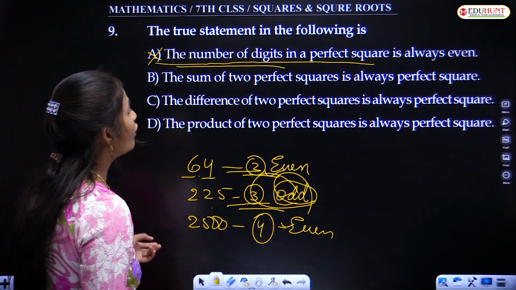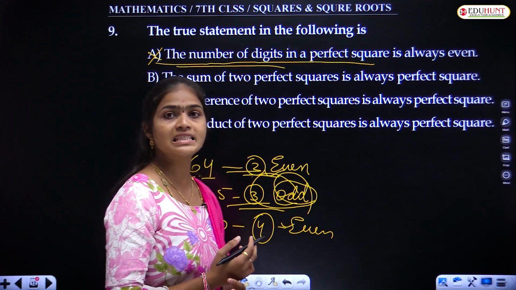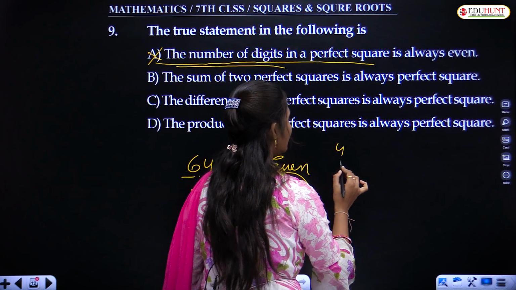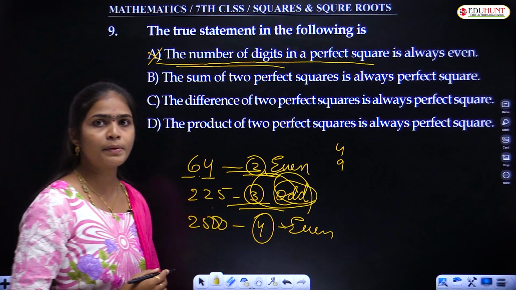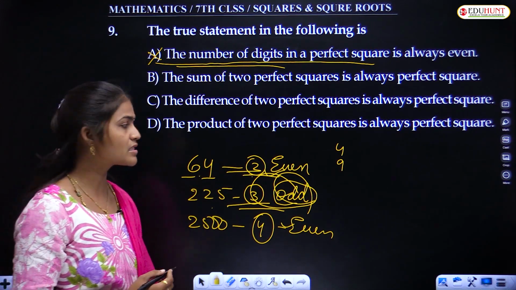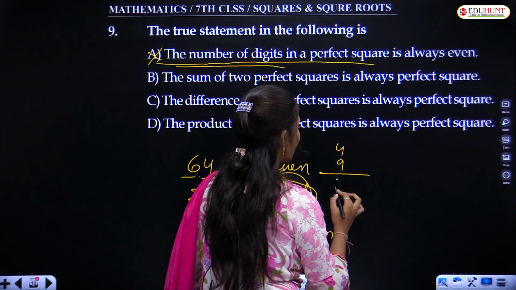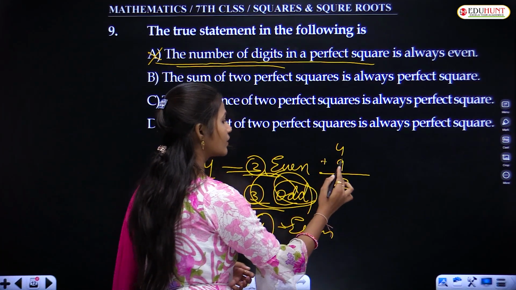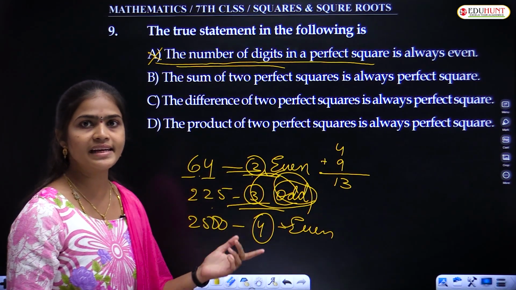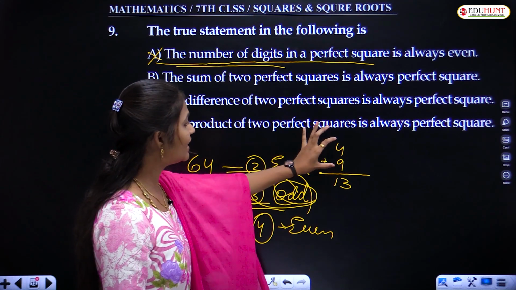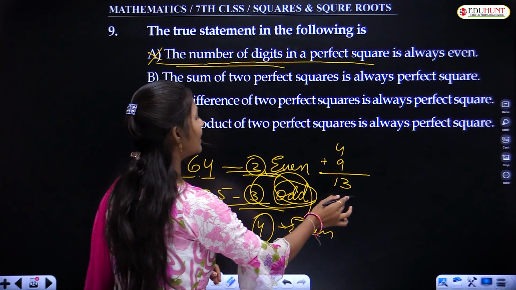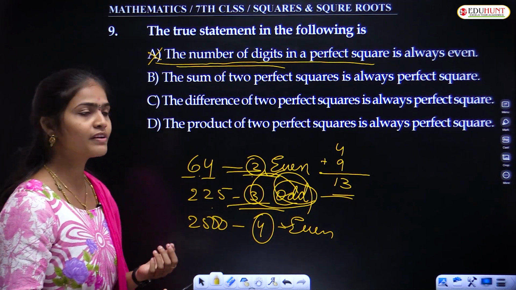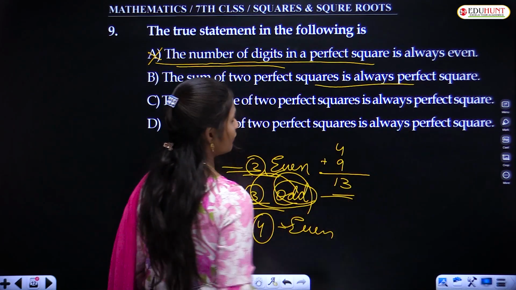Next, the sum of two perfect squares is always a perfect square. Is it true? Here I am going to take 4 and 9. 4 is a perfect square and 9 is also a perfect square. If you add these two, I am getting 13. 13 is not a perfect square, but here they are saying always a perfect square.